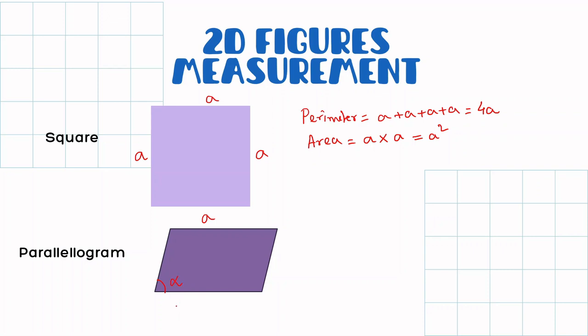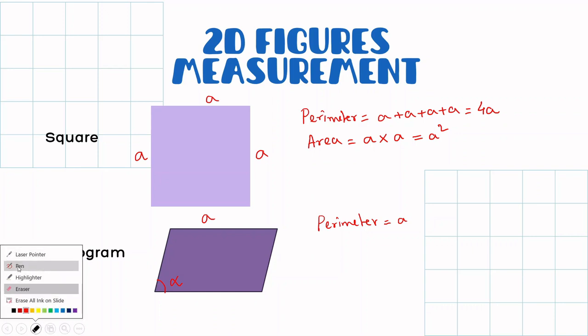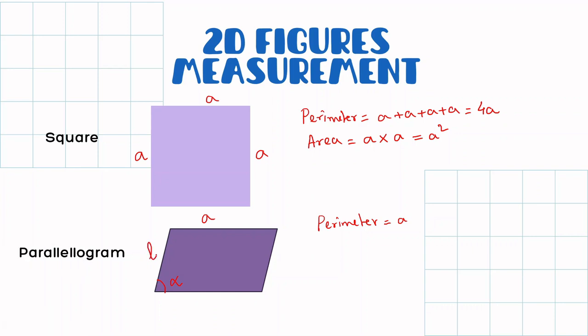So in case of a parallelogram also, you see the perimeter will be A. If this is L, let me correct it. If this is L and if this is B, the breadth, and this is length L.